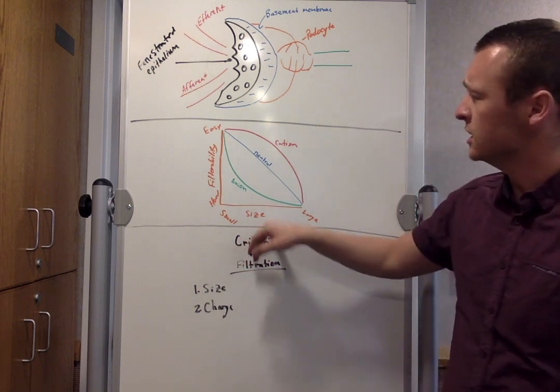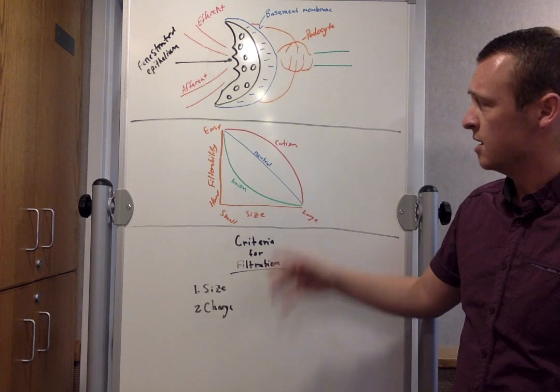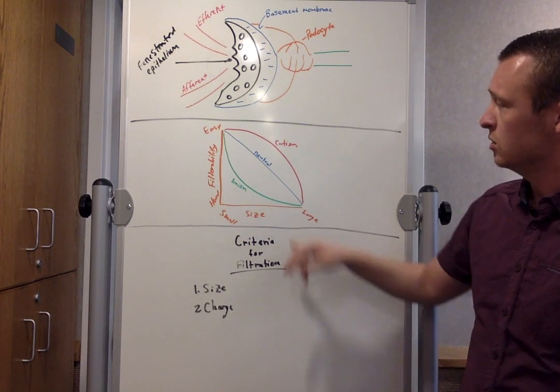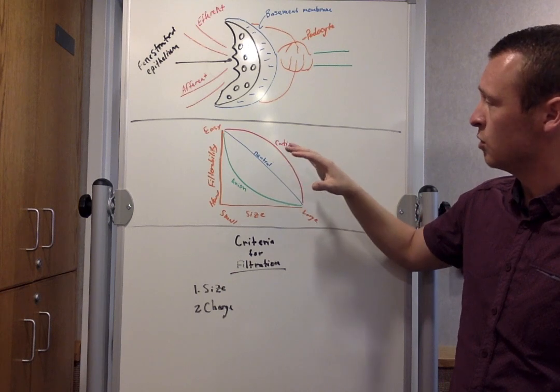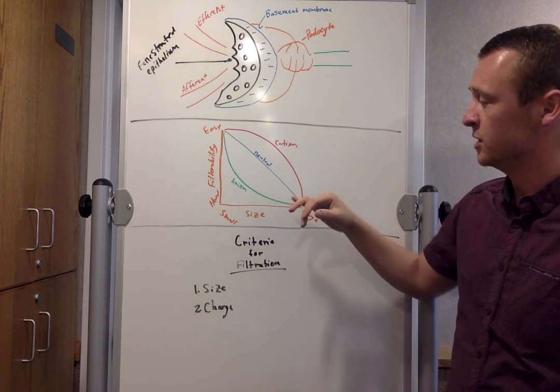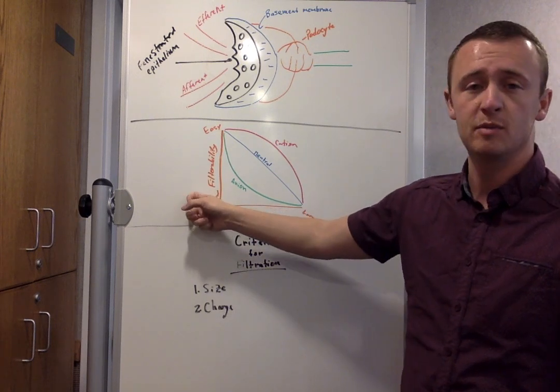I have a graph drawn here that will help you understand some principles of filtration. So this top line here is the line for a cation, the filterability of it. Here on the x-axis I have size drawn, on the y-axis filterability.